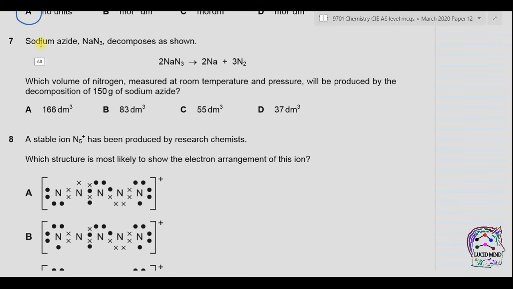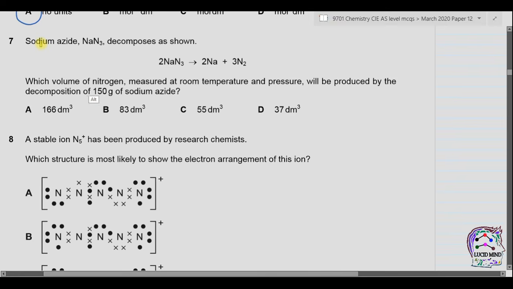Question number 7. Sodium azide, Na(N3), decomposes as shown. They have given the equation. Which volume of nitrogen, measured at room temperature and pressure, will be produced by the decomposition of 150 grams of sodium azide?